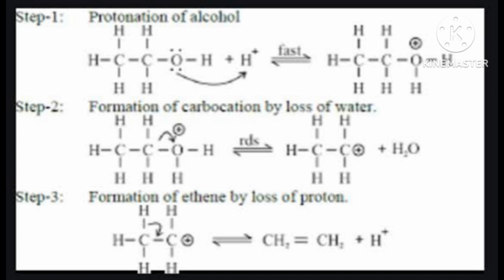Sometimes turbidity forms quickly, sometimes slowly. In case of tertiary alcohol, turbidity is produced immediately. Why immediately? Because they form the halides easily. That's why turbidity is produced easily.